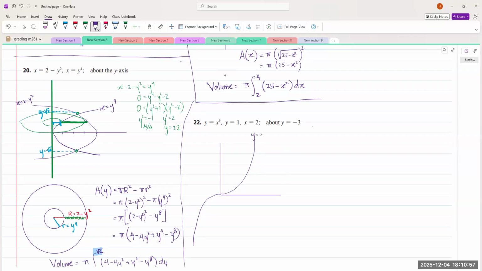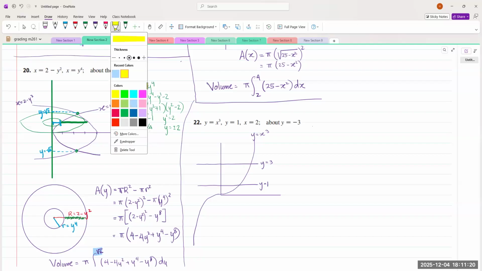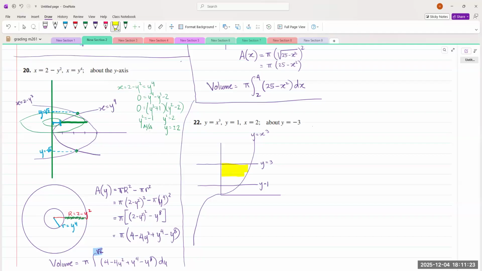Y equals to x cubed, and y equals to 1, and y equals to 3. Okay. So this is the region, huh?